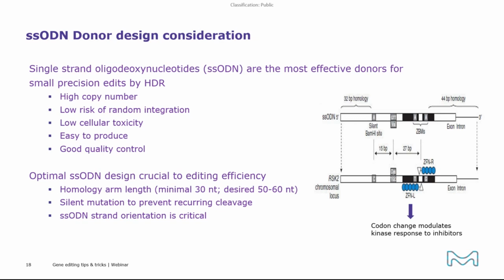When designing a single-strand oligo donor, we recommend using a 50 to 60 nucleotide homology arm on each side, and using silent mutations to prevent recurrent cleavage after a HDR editing event if the editing itself does not render the original nuclease binding site unusable.